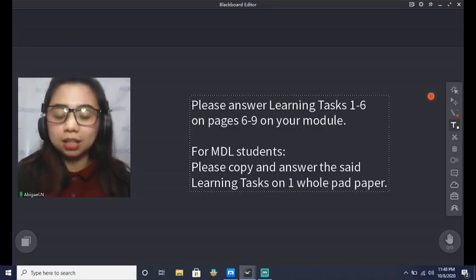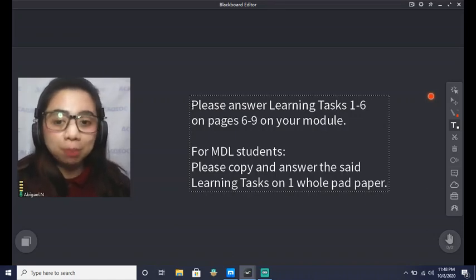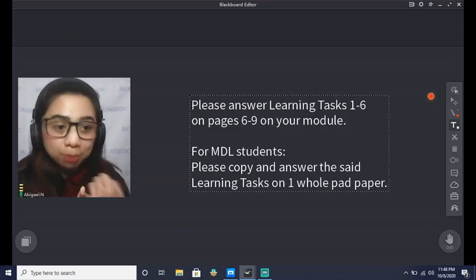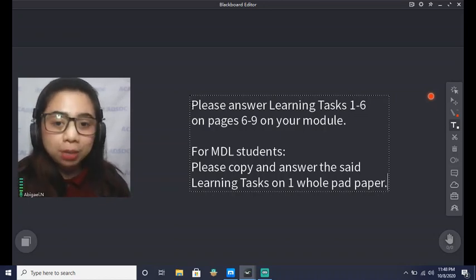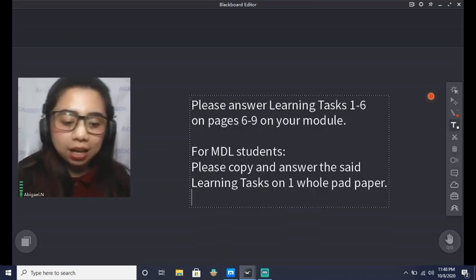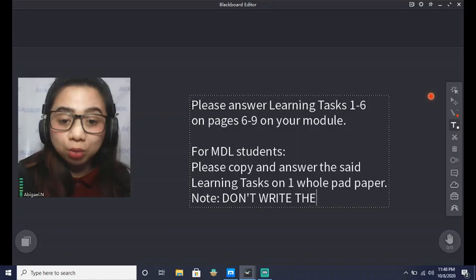But if you have no available pad paper, you can use short bond paper or yellow paper. But please do not answer it on your notebook. Note: don't write them on your notebook.